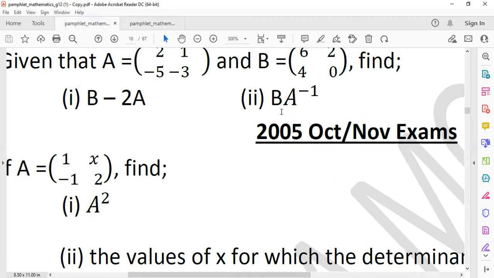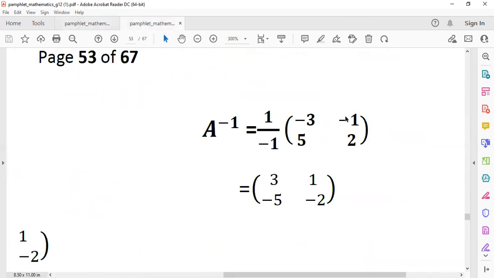Positive 1 will become negative 1. We know that 1 over negative 1 is just negative 1. That means what you'll be having outside here is a negative 1.